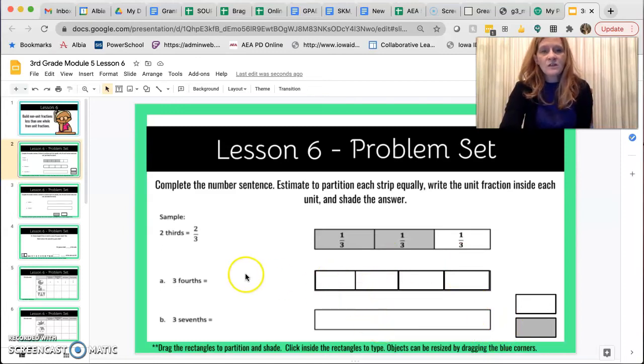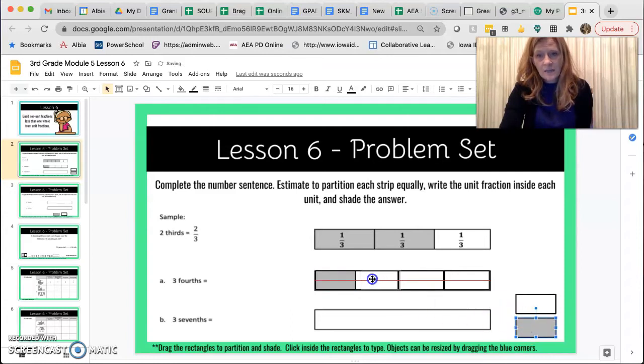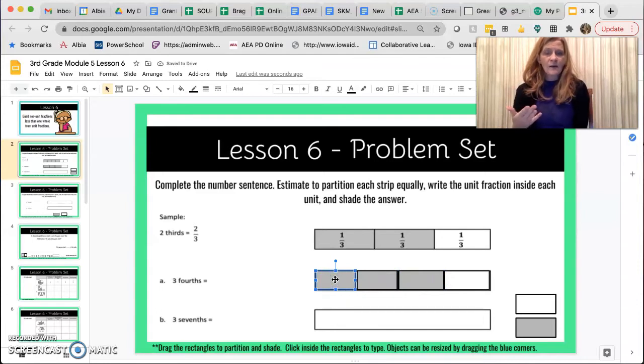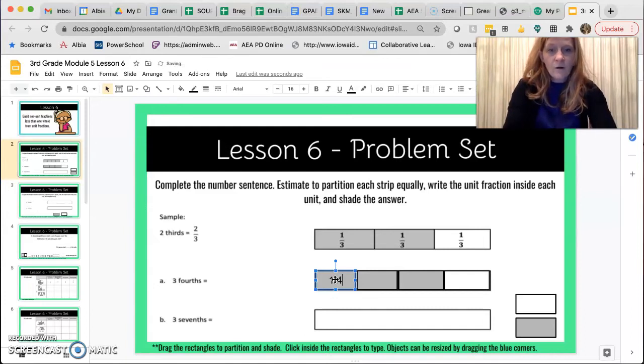So now your teacher can see that this is supposed to be 3/4. 3 of the 4 should be shaded. So I'm going to put on 3 shaded boxes here. And I'll probably again have to expand this out to reach the end of that box. Now, the part where it says write each unit fraction inside of the unit would be, out of 3/4, this is worth 1/4.